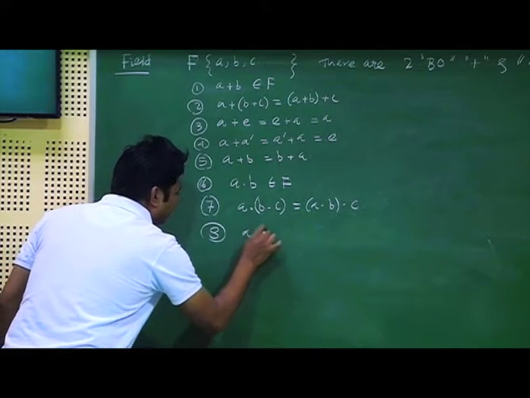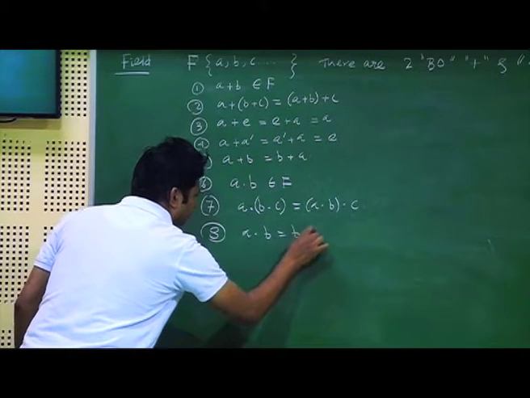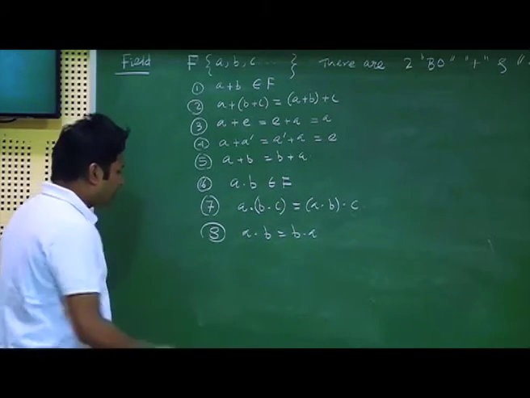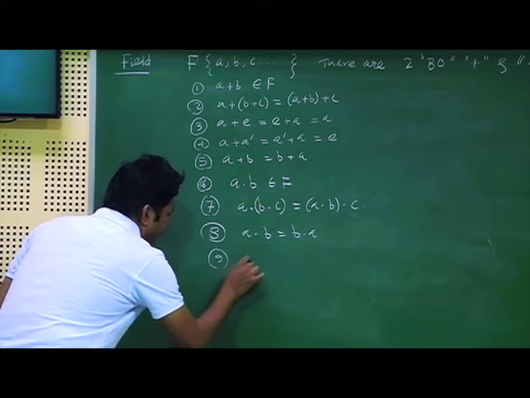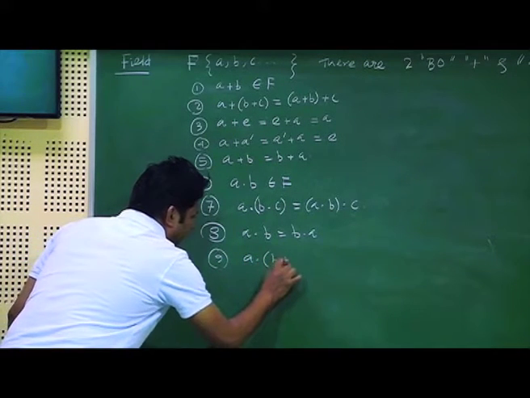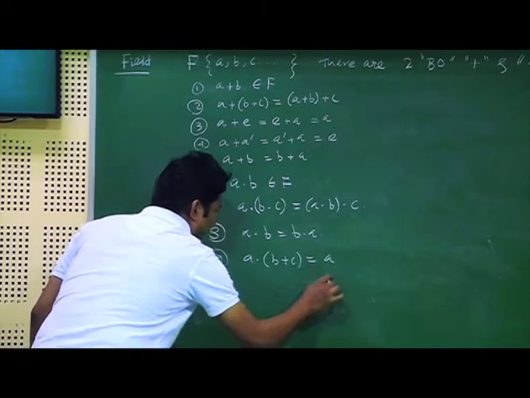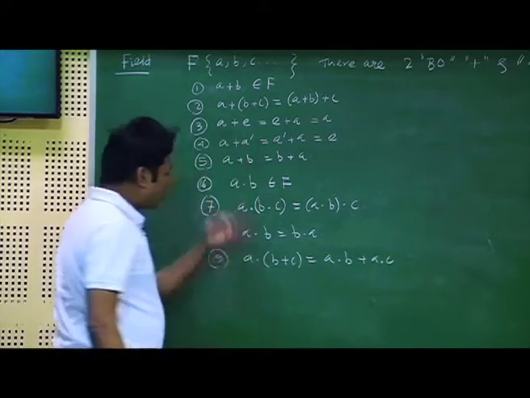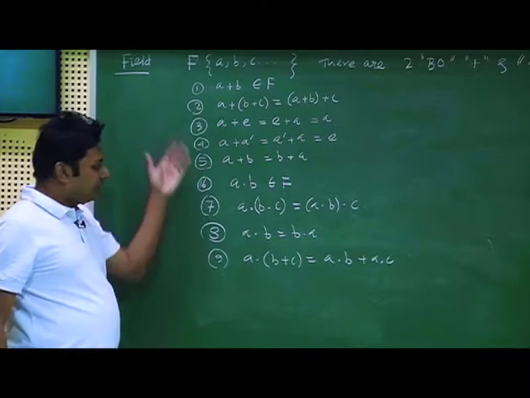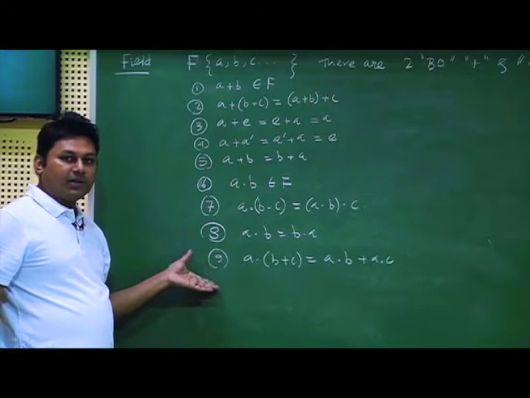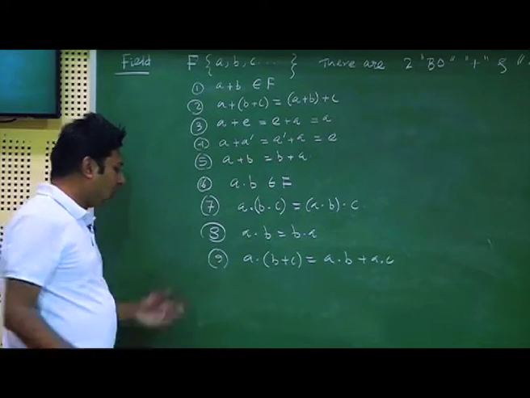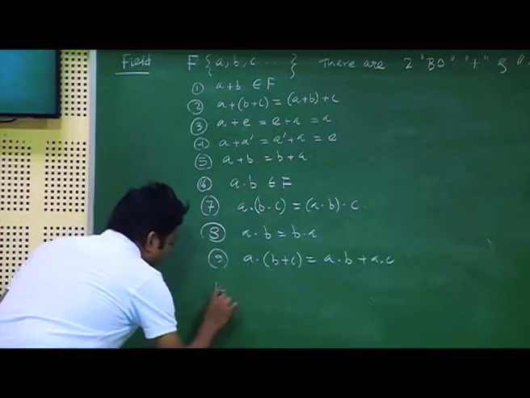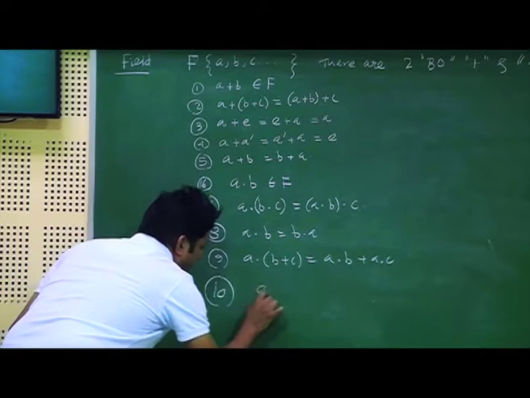They are commutative also. And also they are distributive. So all the properties that a ring followed up to here, they are following the same things. So nothing new.